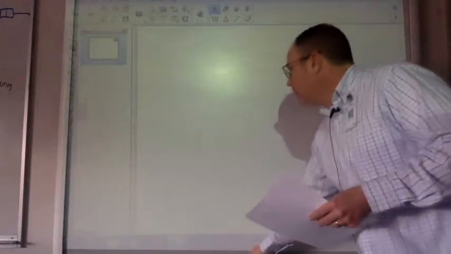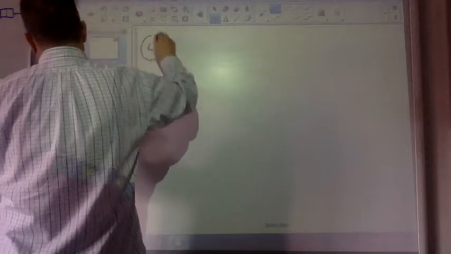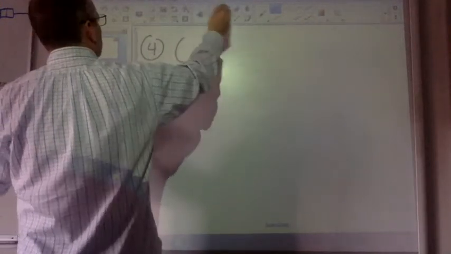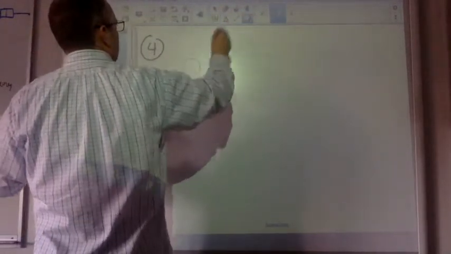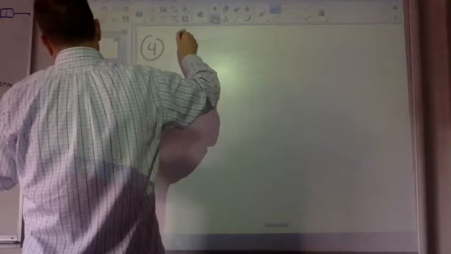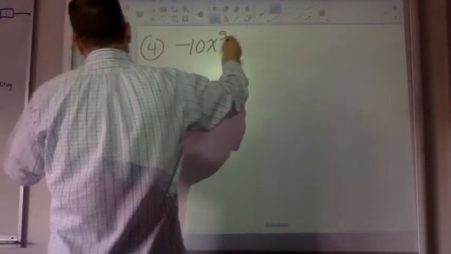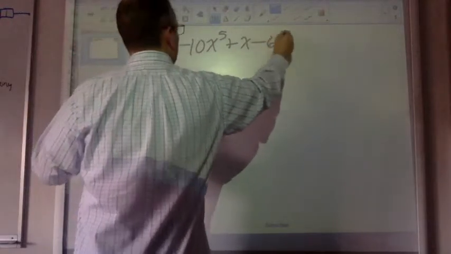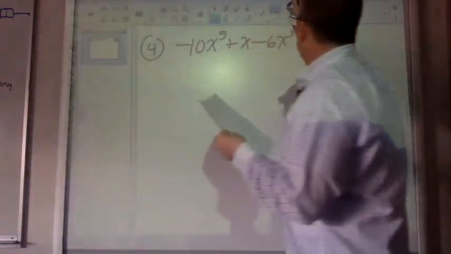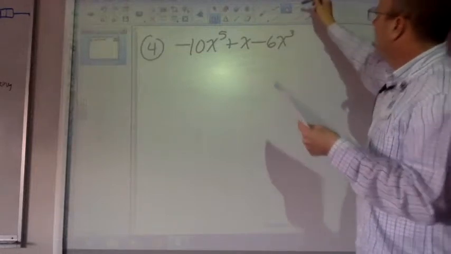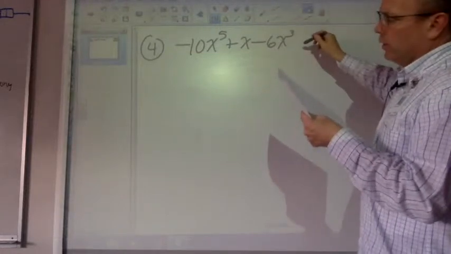Number 4 would be probably okay because we are learning how to deal with problem number 4. I'm going to drop the first set of parentheses. All right, so number 4, I have this. And then I'm going to make the second one in blue.